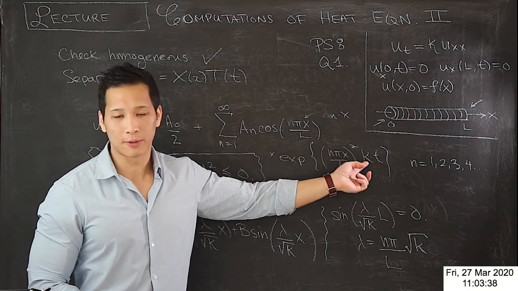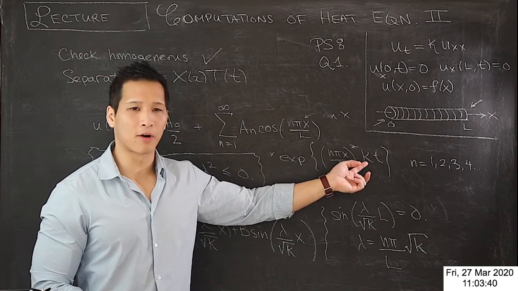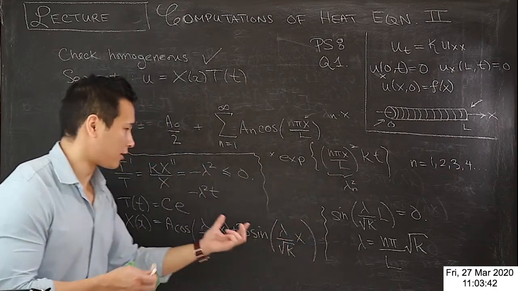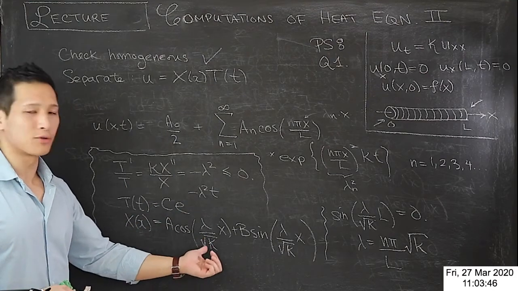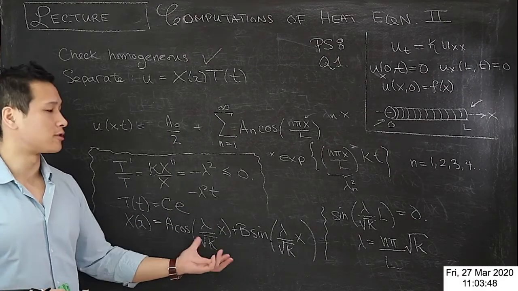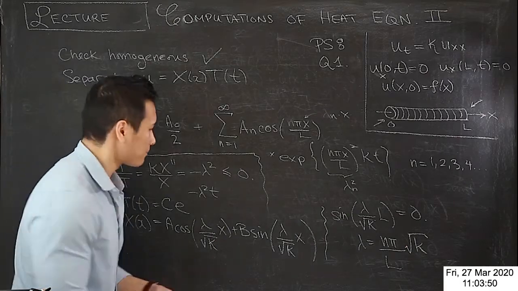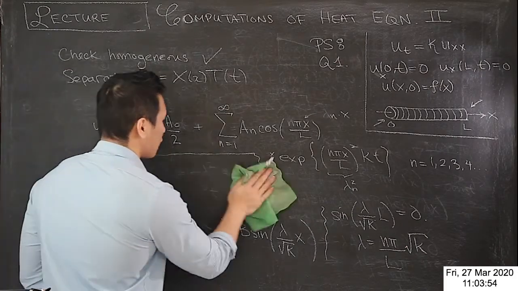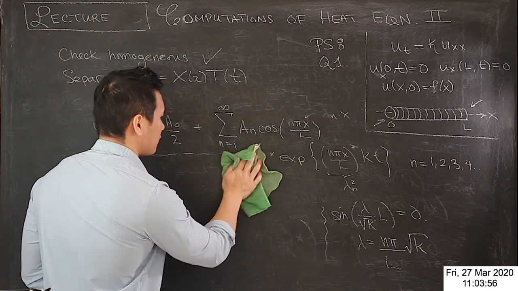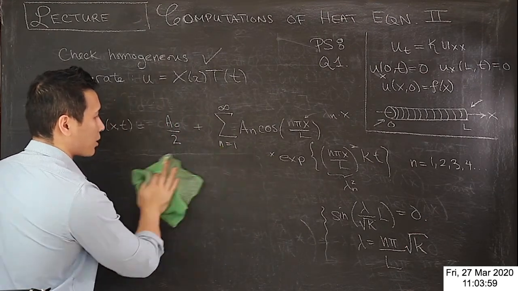And so you end up deriving the same solution as before. It's not as elegant. I prefer to move it over to the left-hand side because then I don't have to deal with these root kappa factors during this intermediary stage. Okay, so that's the end of that part of the question.